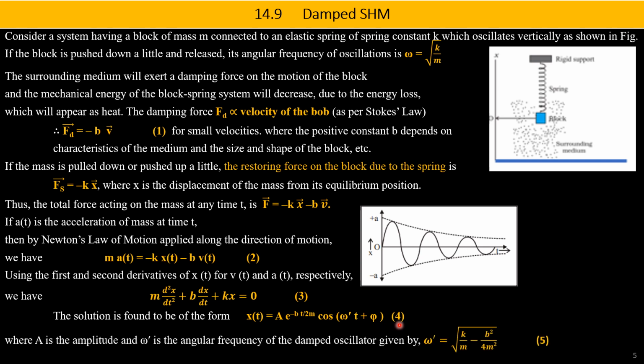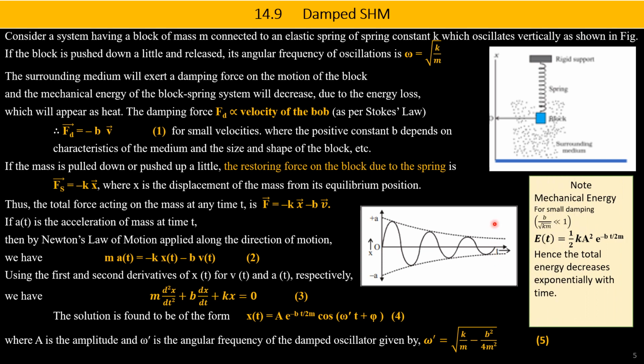Let it be equation 4, where A is the amplitude and omega dash is the angular frequency of the damped oscillator, given by the relation, considering the damped simple harmonic motion, omega dash is equal to square root of k by m minus b squared by 4m squared. The k, b and m are as stated earlier. Let it be equation 5.